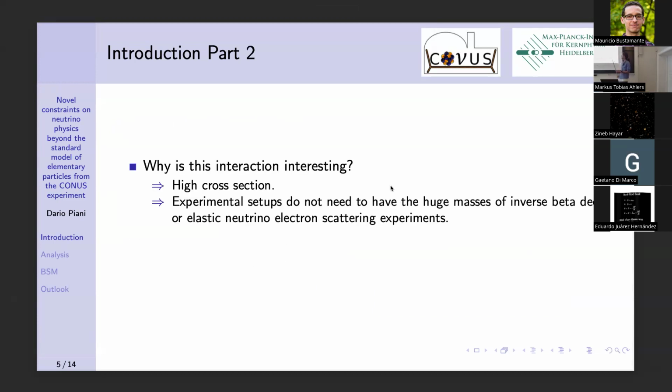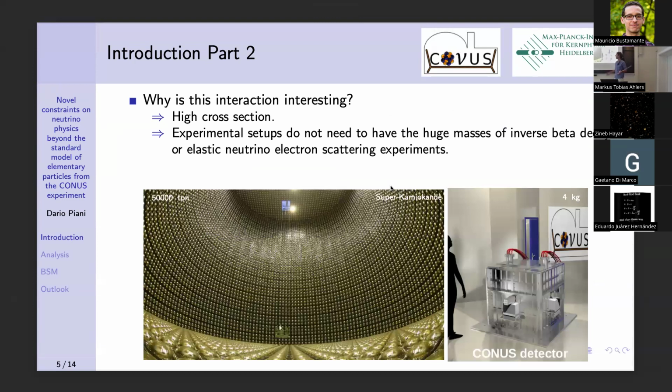Now, why is this interaction so interesting? First of all, it offers quite a high cross-section, especially for neutrino experiments, if compared to the huge masses of inverse beta decays, for example. Here you see the classic image of Super Kamiokande with its 50,000 tons of water, compared to the mere 4 kilograms of the CONUS detector.